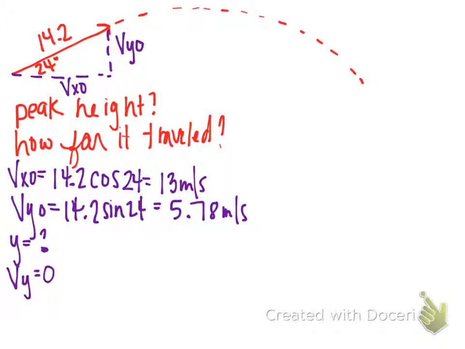I think so. Using the equation V y squared equals V sub yo squared plus 2gy.